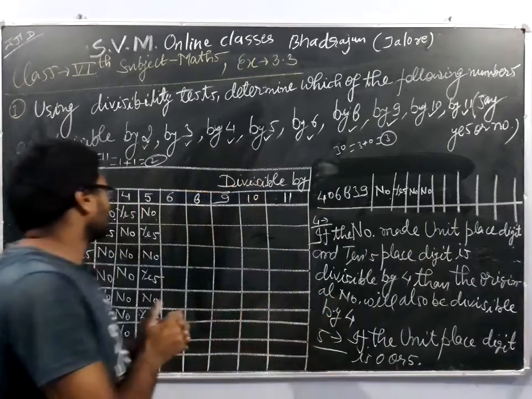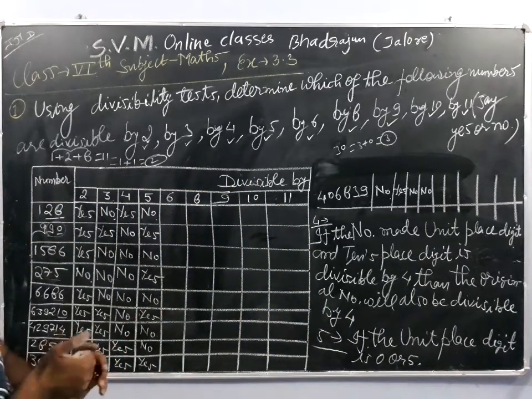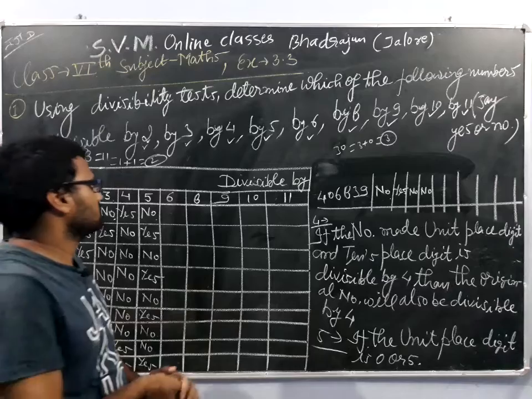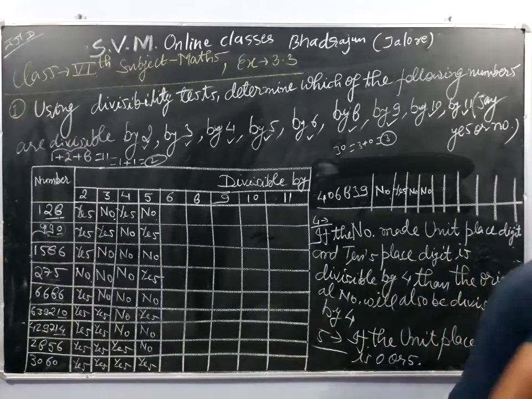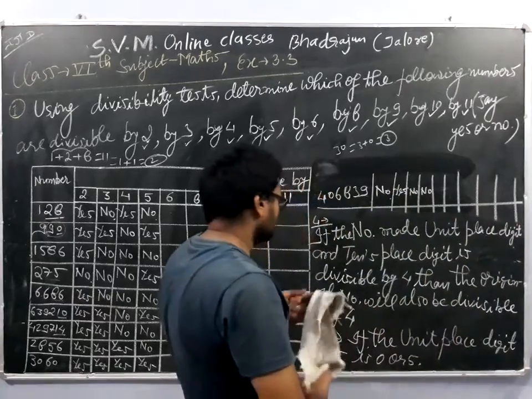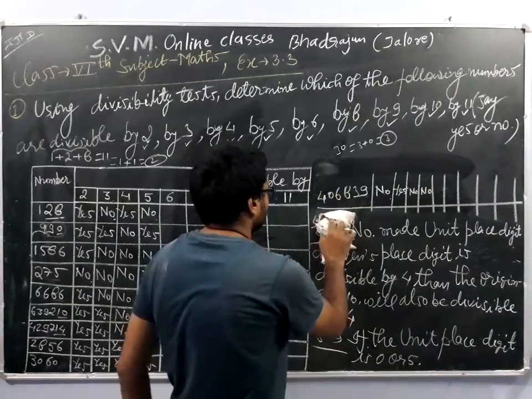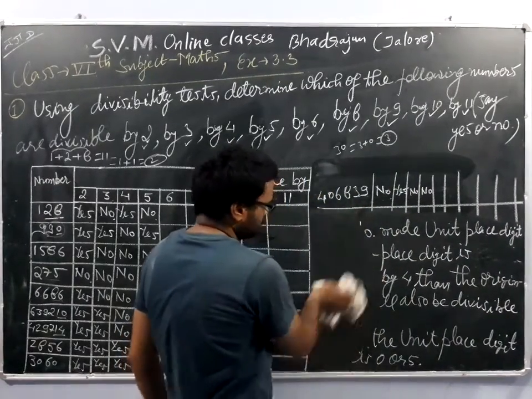Okay. Let us move towards the divisibility check of 6 and 8. First 6 and 8. After that we will go for any other divisibility rule.